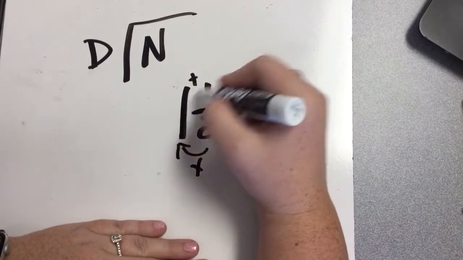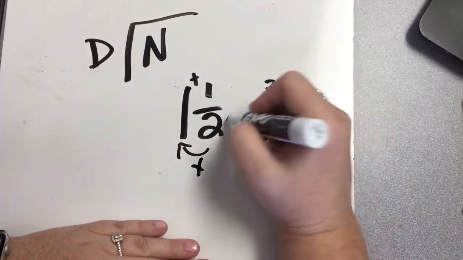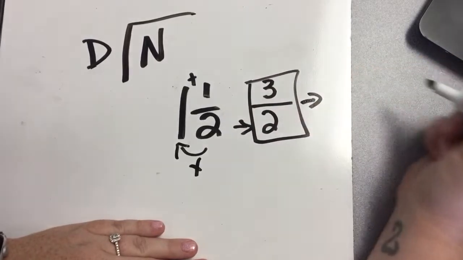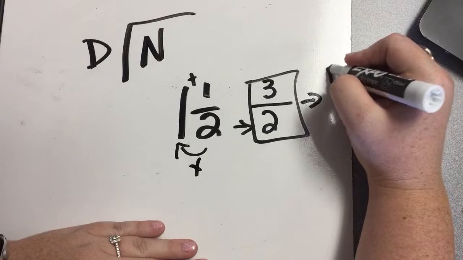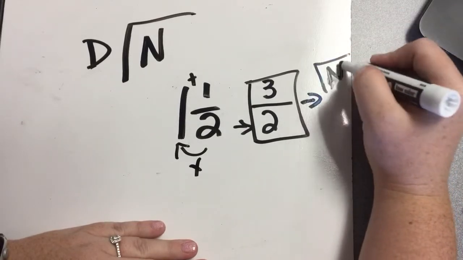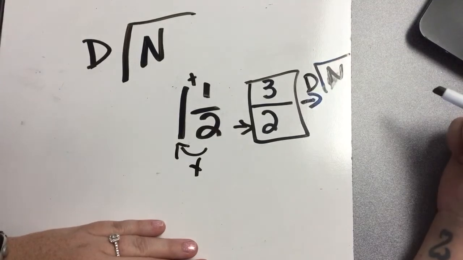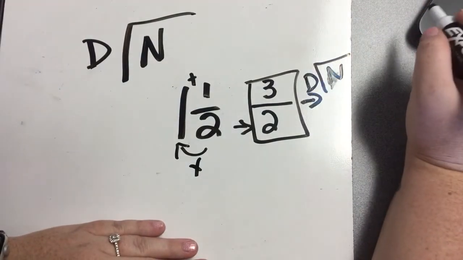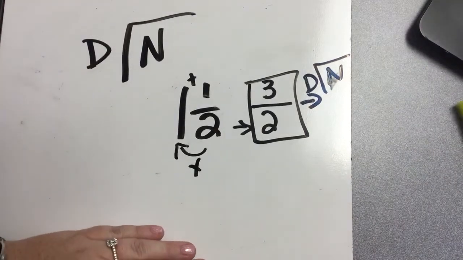So 2 times 1 is 2, plus 1 is 3, and you keep your denominator. And then you're going to do numerator divided by the denominator, and that'll give you your decimal. So let me do at least one of them for you guys. This may even give you the answer, but I'm just going to give you an example.